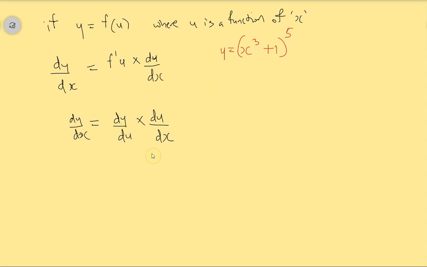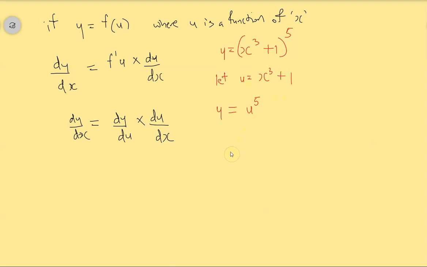Now we can say let u equal x cubed plus 1. Therefore we would have y is equal to u to the 5th power. Since we let u equal x cubed plus 1, we just replace x cubed plus 1 with u, right?